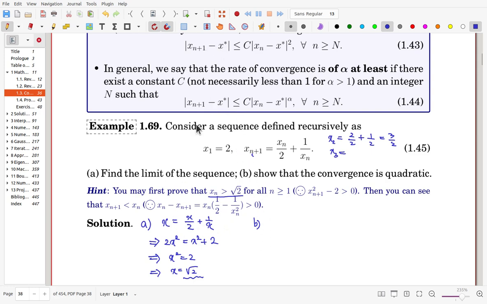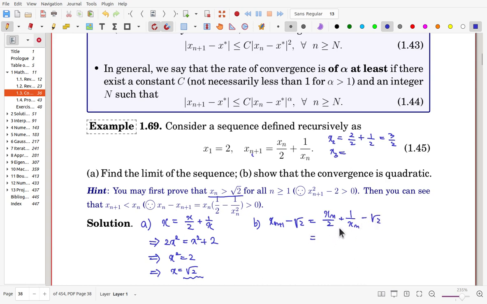Now, rather than x star, we are using the x value here. Now xn plus 1 minus x star, which is the square root of 2. What is this? It is xn over 2 plus 1 over xn, minus the square root of 2.